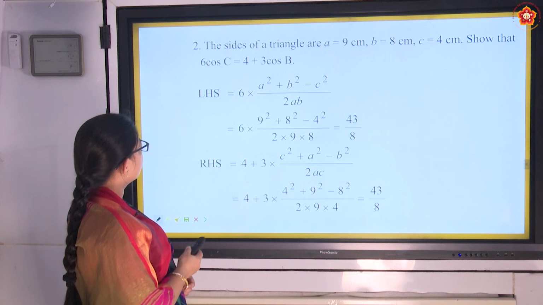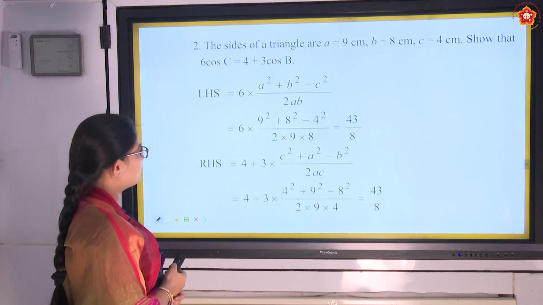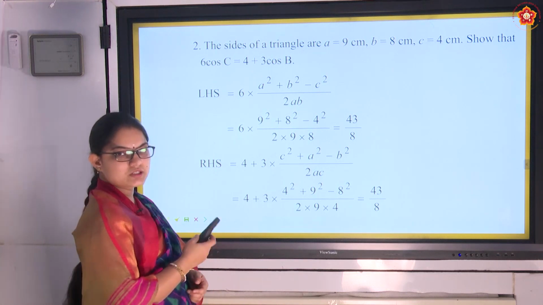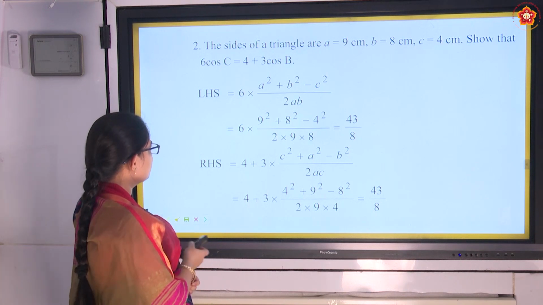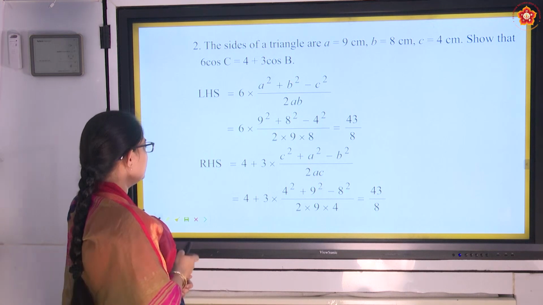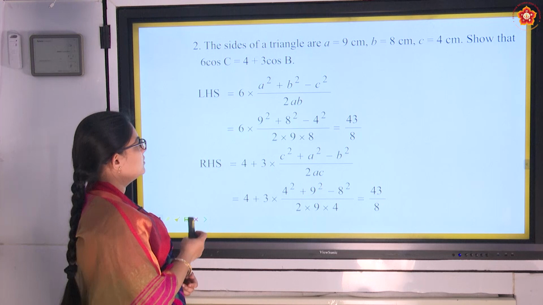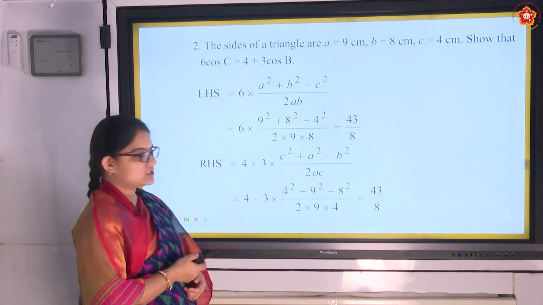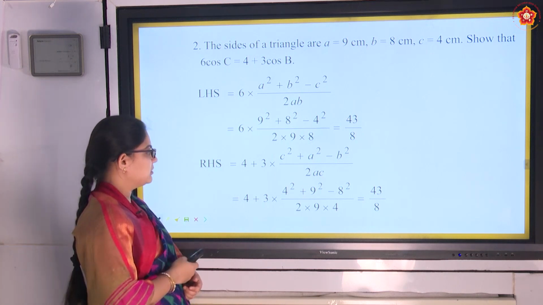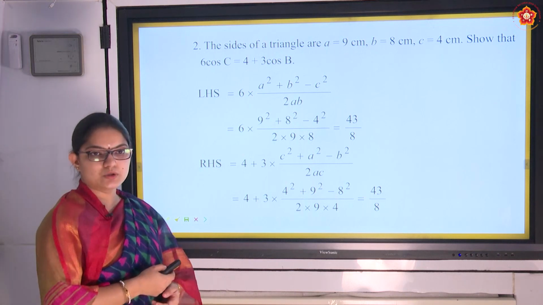For cos C, substitute the cosine formula, a square plus b square minus c square by 2ab, with the given values, and on simplification the left hand side is 43 by 8. Similarly, for the right hand side, substitute cos B as c square plus a square minus b square by 2ac, substitute the values and simplify, and you get 43 by 8. So left hand side is equal to right hand side.